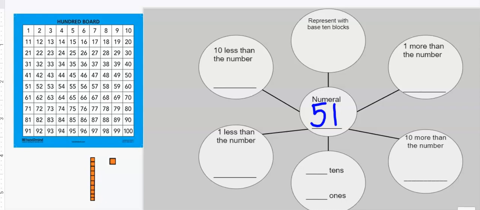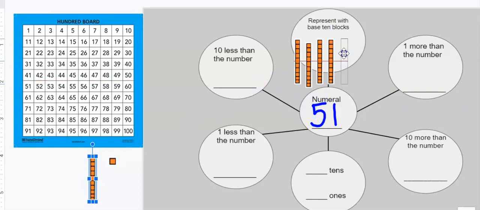So we're going to represent 51 with our base 10 blocks. And what do we count by if we use our base 10s, the rods? That's right, we're counting by 10s. Ready? Count with me. 10, 20, 30, 40, 50, 51.